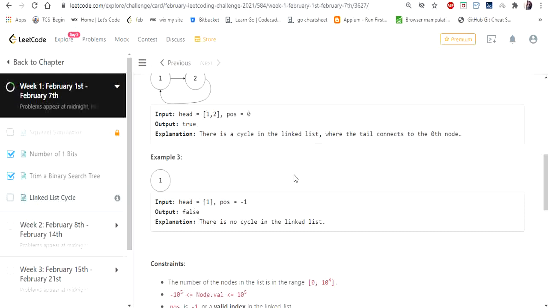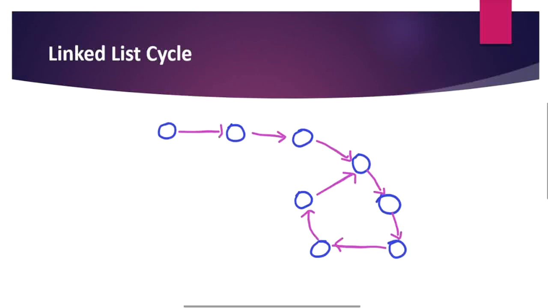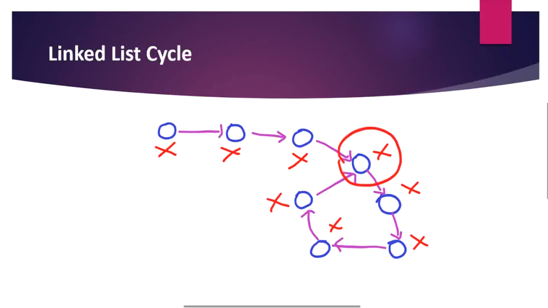So how are we going to approach this algorithm? Method 1: consider we have a marker that marks every node we visit. Starting from the head, we mark every node we visit, and if we come across a node that is already visited, we can determine this has a cycle.